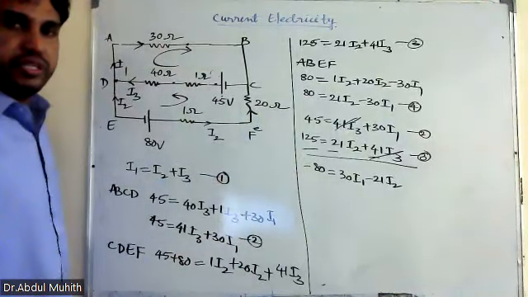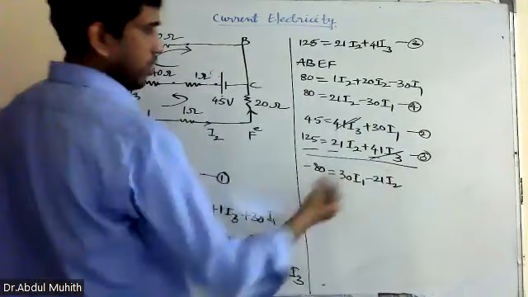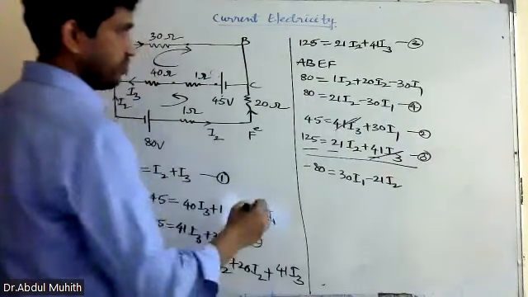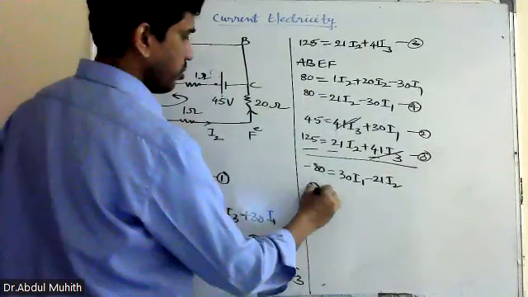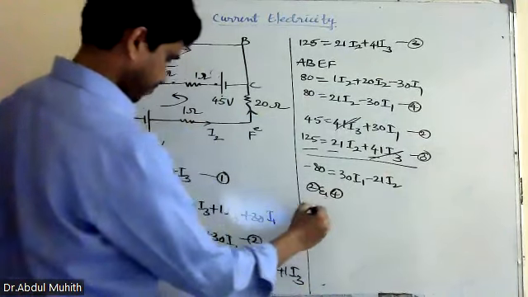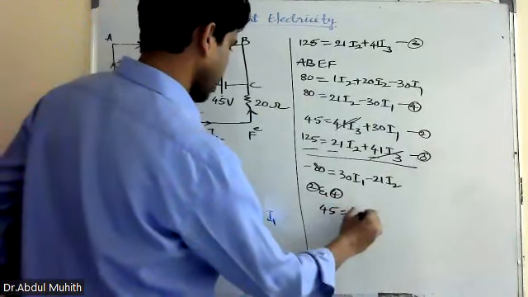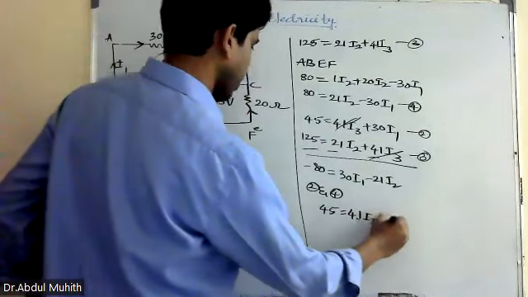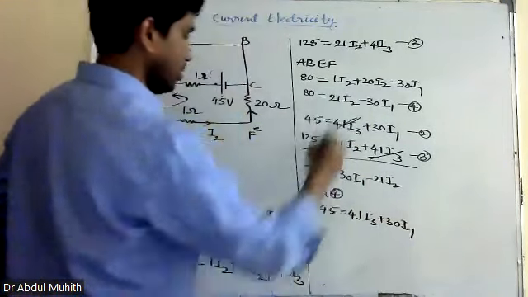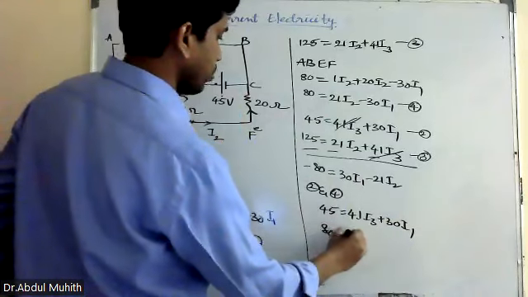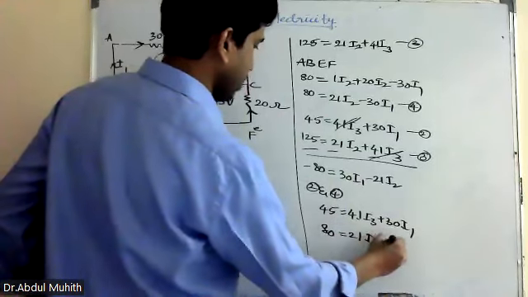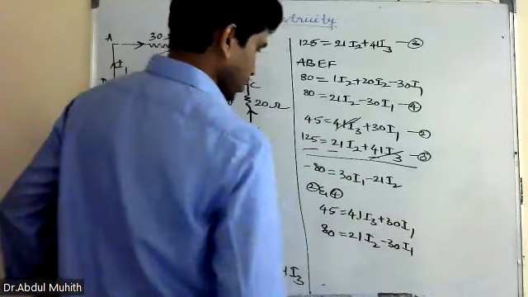Is that clear? So there are two unknown values. You can solve 2 and 4 also. If you solve 2 and 4, what will you get now? 45 equal to 41 I3 plus 30 I1. Second one is 80 is equal to 21 I2 minus 30 I1.